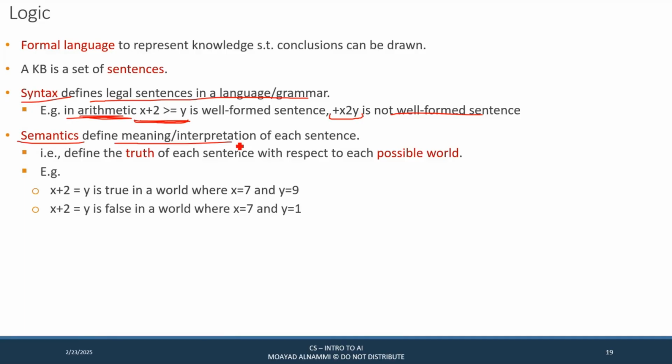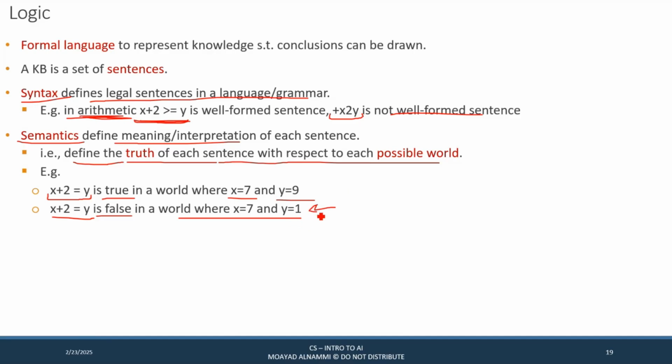Whereas semantics is related to the meaning of the sentence that you're looking at. So for our case, it defines the truth of each sentence with respect to each possible world. So when we say that x plus 2 equals y, this sentence is true in a world where we set x equals 7 and y equals 9. x plus 2 equals y is false in a world where we set x equals 7 and y equals 1.